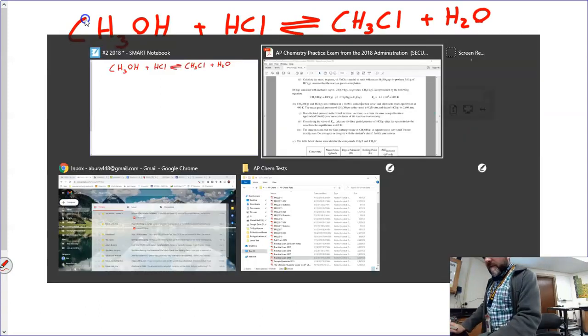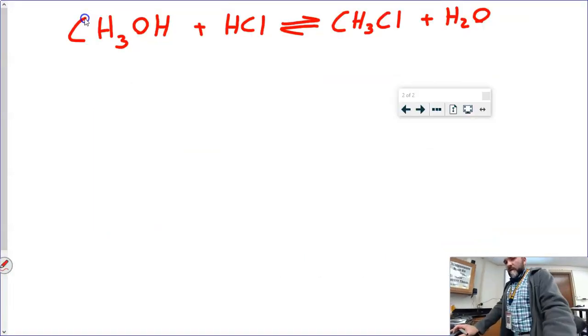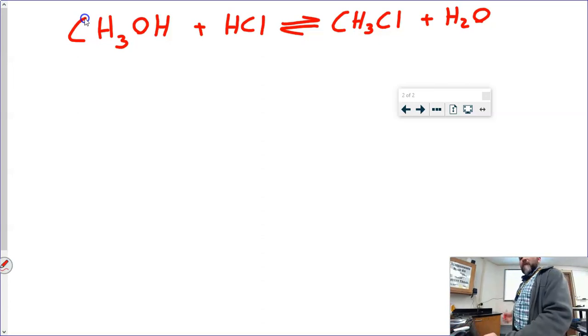It's got to be H2O. Yeah, that makes sense. Okay, sweet. So we want to solve an ice table for this. We want to solve for the equilibrium partial pressure of HCl. All right, let's set up what we know.